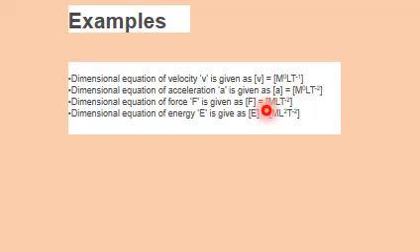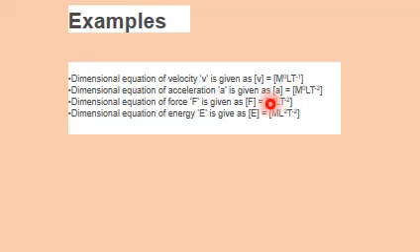Work has the formula of force into displacement, and by calculating all these dimensions you will come to know that the dimensions are the same. So what is the meaning of this thing? That one unit has one physical appearance, so one dimension.